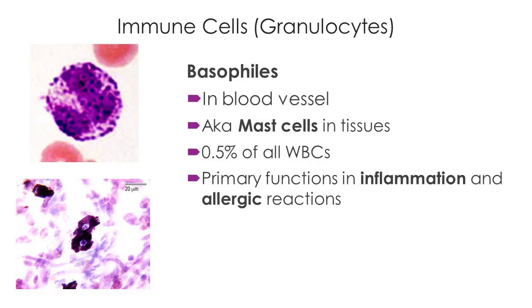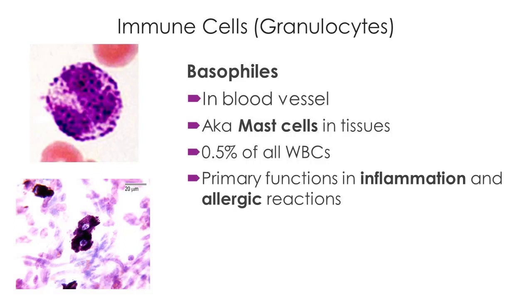Now, of the granulocytes, this is the most rare, which is probably a good thing. You've only got 0.5% of all white blood cells when you look at all leukocytes, including lymphocytes. But it's good they're rare because these are going to be involved in inflammation and allergies. Does anybody have some really bad allergies?